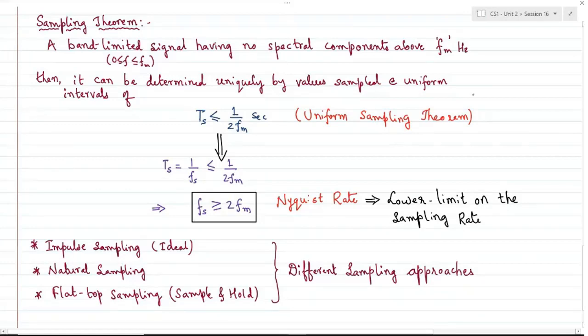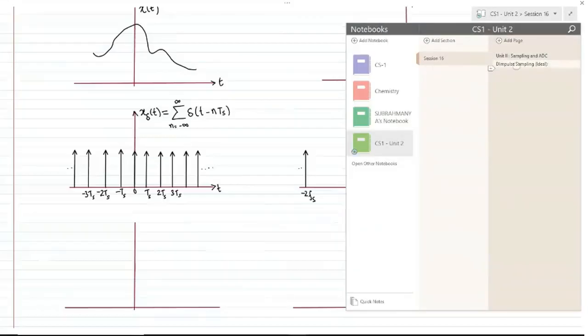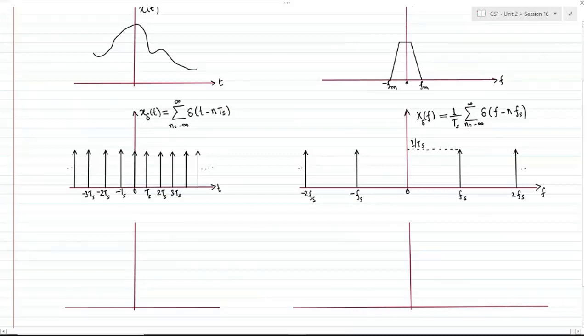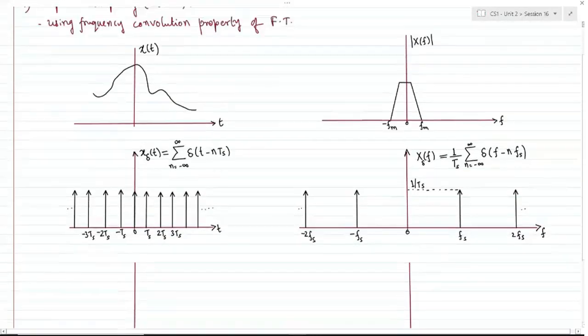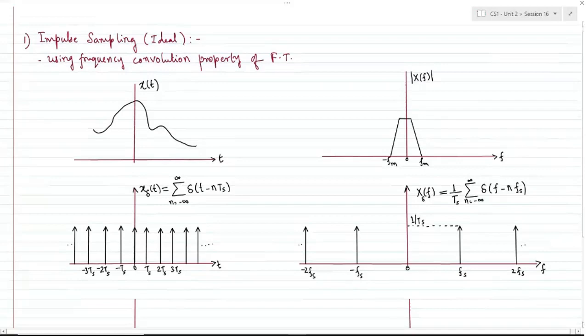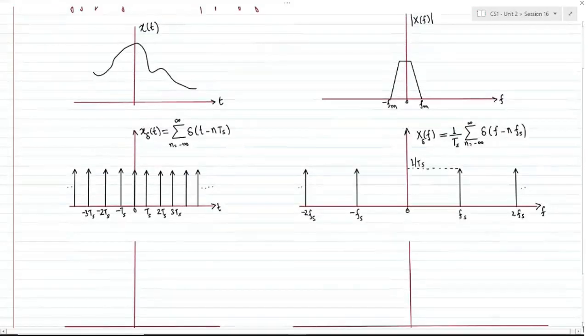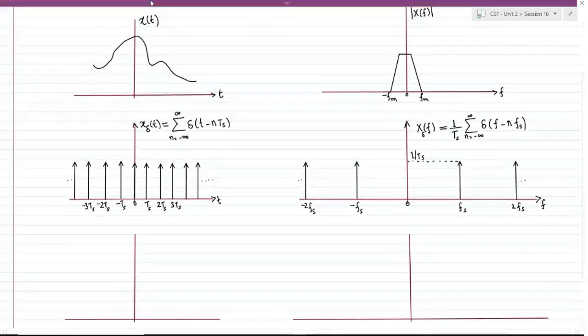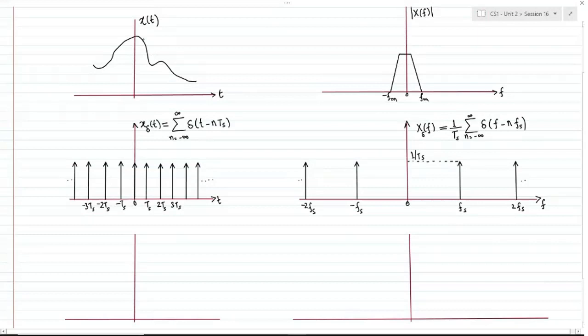This is also known as ideal sampling, where the name itself says that we need to take an impulse train, or train of impulses, and we'll be using the frequency convolution property of the Fourier transform to understand the mathematical insight of this. So we have an information bearing signal. I'll just continue from where I had left off.